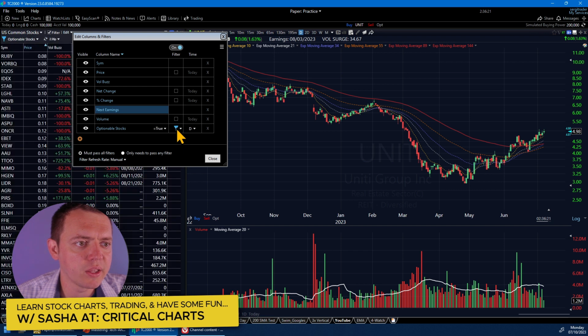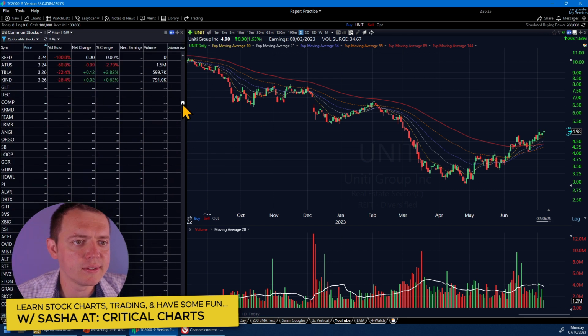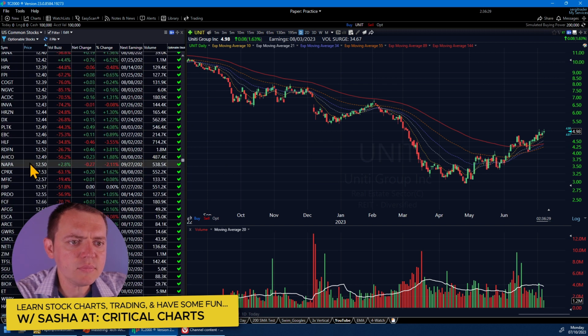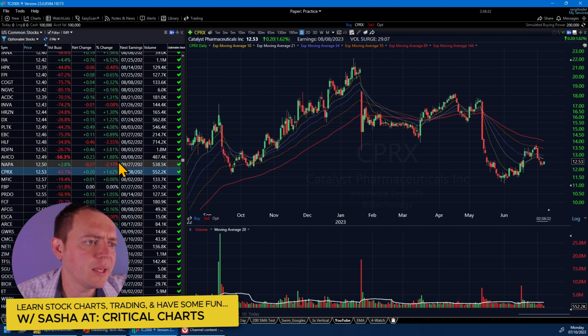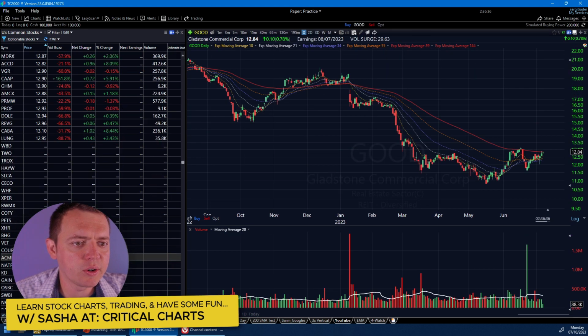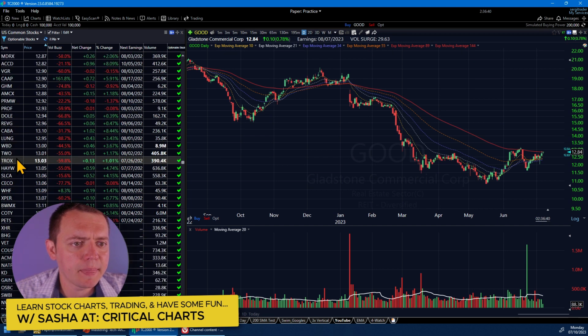We'll filter by these where it's true. Now I've got some options behind these vehicles. Some of these companies I don't even know, but there will be one that you'll eventually run into that's maybe a cheaper stock. And as I look into this, let's see.